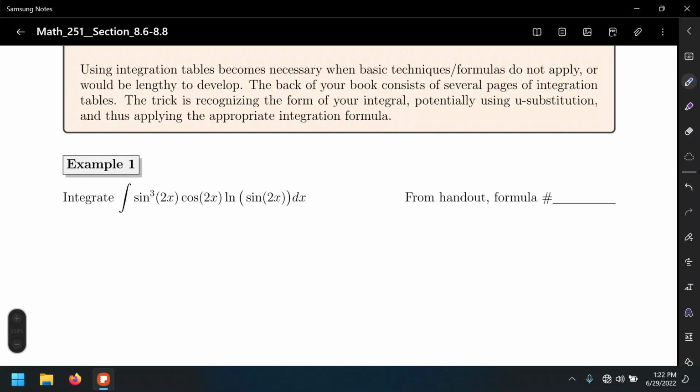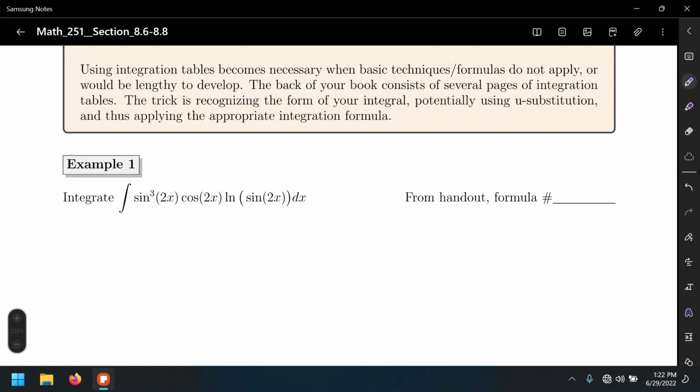When I look at this integral, I will try to find something that contains a natural log and is multiplied by a u to another power, so we can use that formula. Let's observe the formulas and see if we can relate that integral with something from that formula sheet. Is there anything?